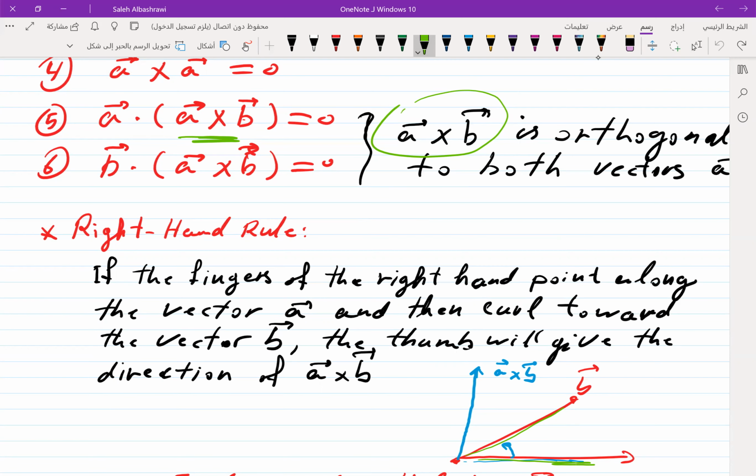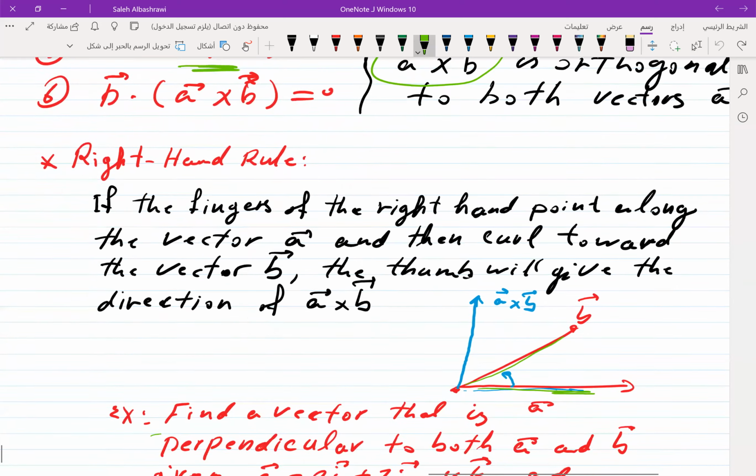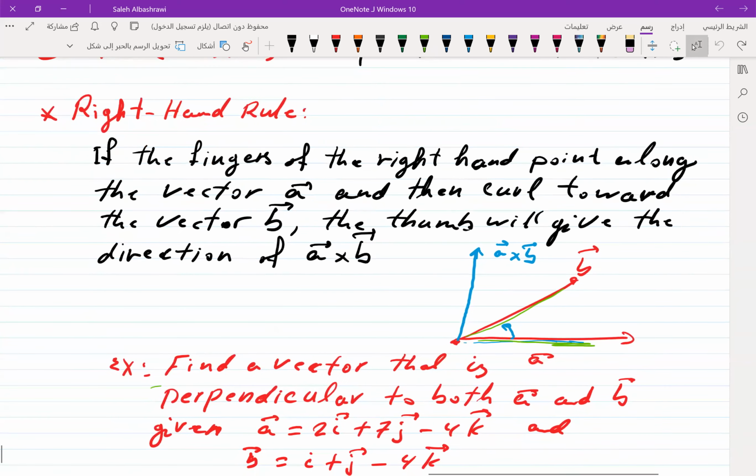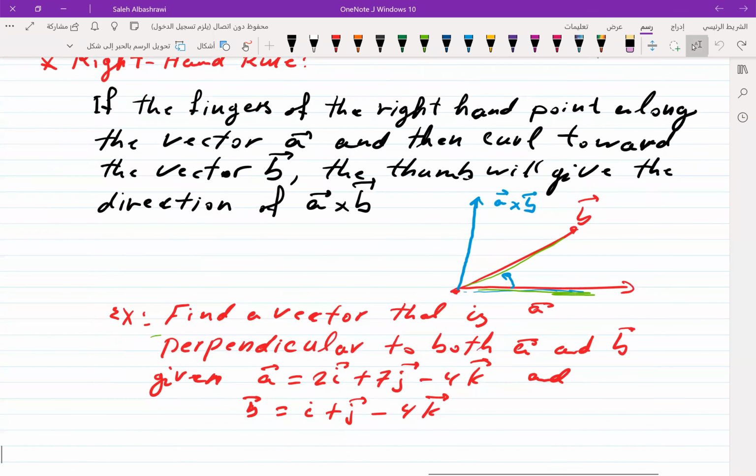Now, just to check the fifth and sixth property, let's take this example. Find a vector that is perpendicular to both A and B, given that A equals 2i plus 7j minus 4k and B equals i plus j minus 4k.